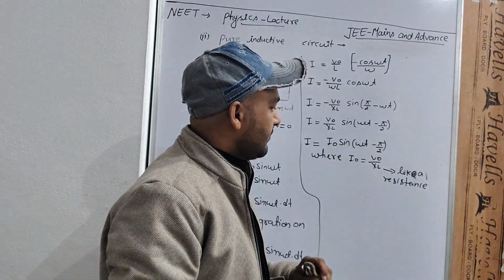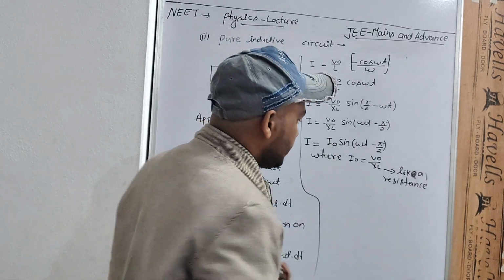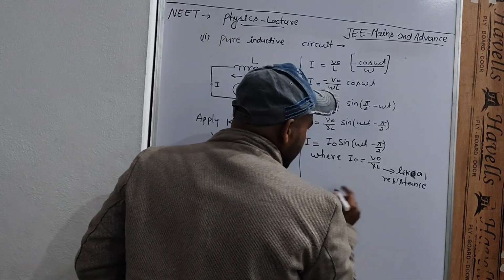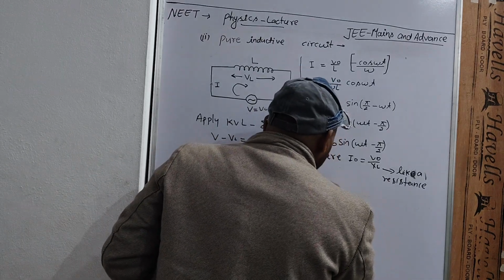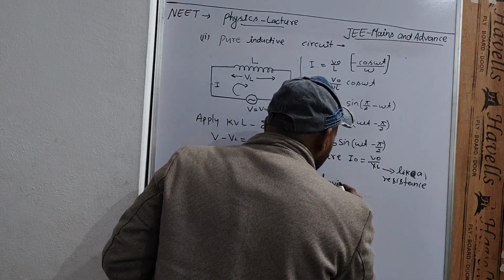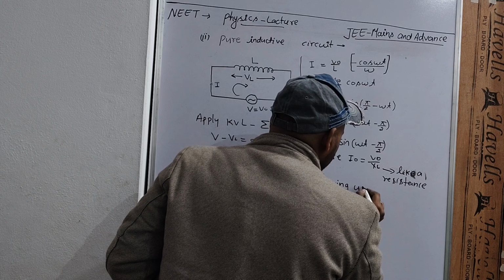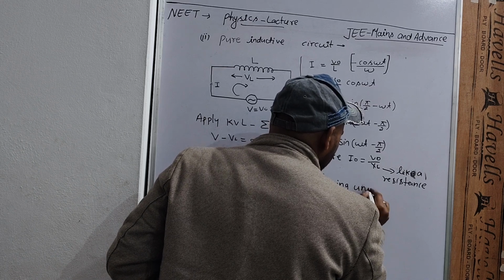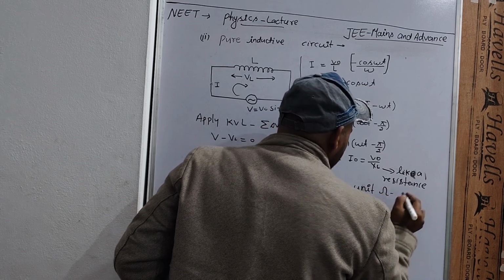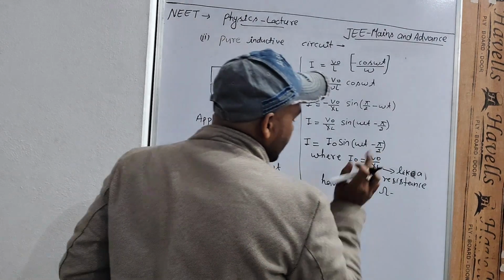That's why we draw the phasor diagram here. This is like a resistance having unit ohm, like resistance.